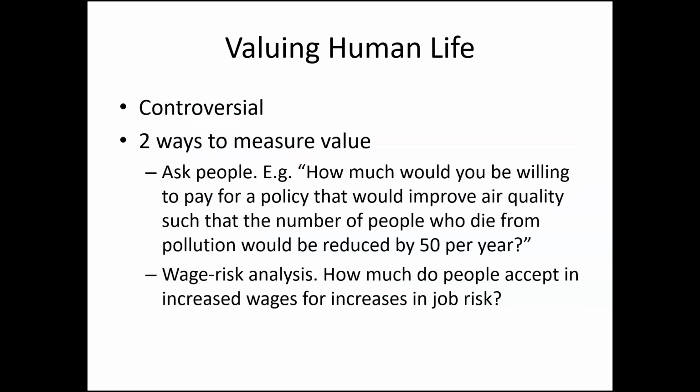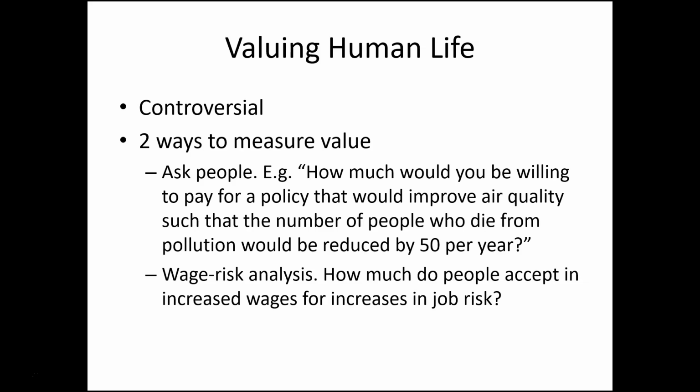The next piece of this chapter goes into another controversial piece of determining the value of a policy, and that is valuing human life. So a lot of times the cost of an externality, the cost of pollution, or the cost of anything that degrades any environmental resource is a cost to health or human life.